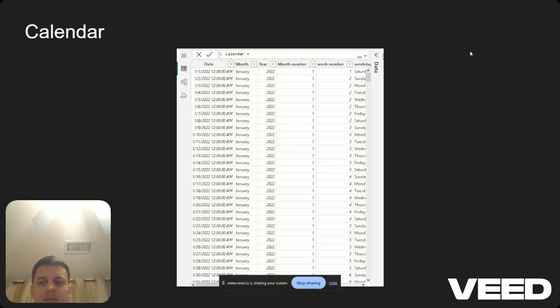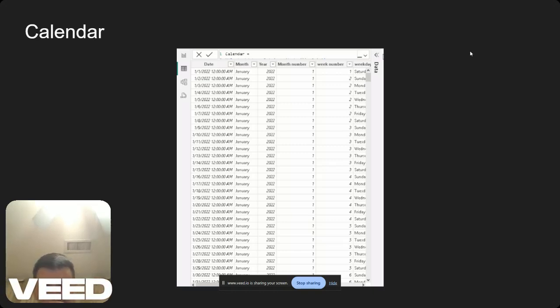Now, these are some of the visualizations that I provided to the Canyon Retail Company's database team. What you see before you now is the calendar table that I've created for the Canyon Retail Company. It provides columns like date, month, year, month number, January through December, 1 through 12, week number by month, or week number in general, weekday number, and workday.